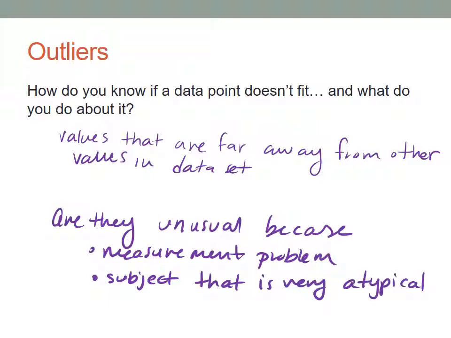Sometimes that's really interesting and you want to talk about that outlier a little bit. But sometimes an atypical subject is really not a valuable piece of information for the kind of study that you're doing. So you just want to be really thoughtful about your outliers and what you choose to do with them. Usually the suggestion is you will conduct your analysis with the outlier and without, and you'll make sure you definitely talk about them.